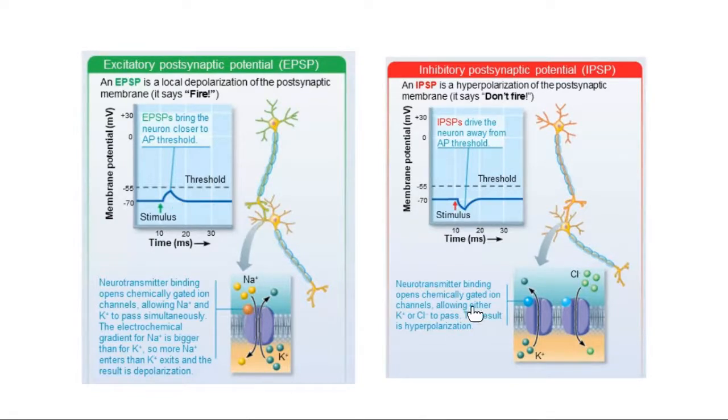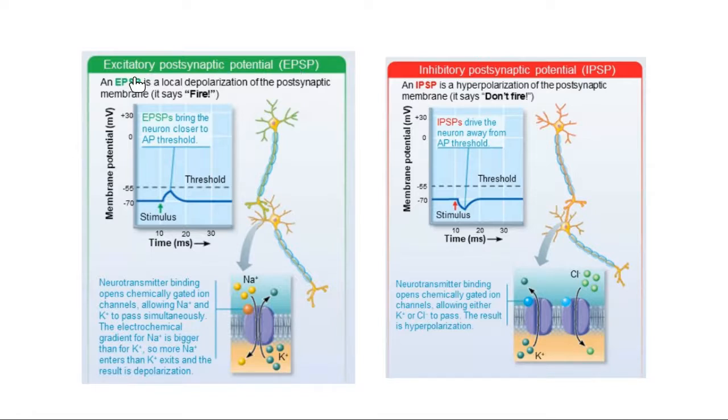Chemically gated potassium channels and chemically gated chloride channels make my membrane charge go down. That makes it harder for me to get to threshold. Now, I have some words, or more accurately, we're going to go by the abbreviations for these words, to describe what happens to the membrane charge when I open these different kinds of channels.